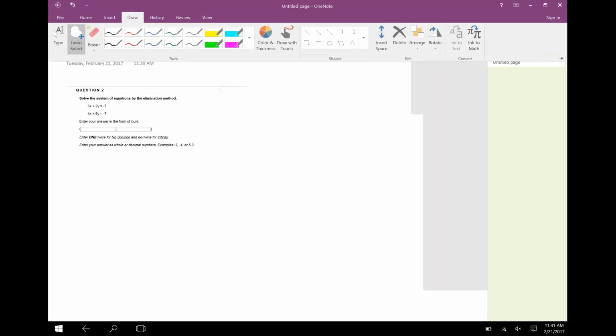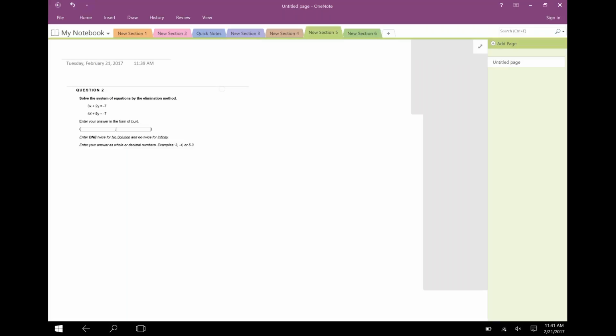I'll make that bigger. So we've got 3x plus 2y equals negative 7, and then 4x plus 5y equals negative 7. So I'm going to rewrite it big here so we can see it a little better.